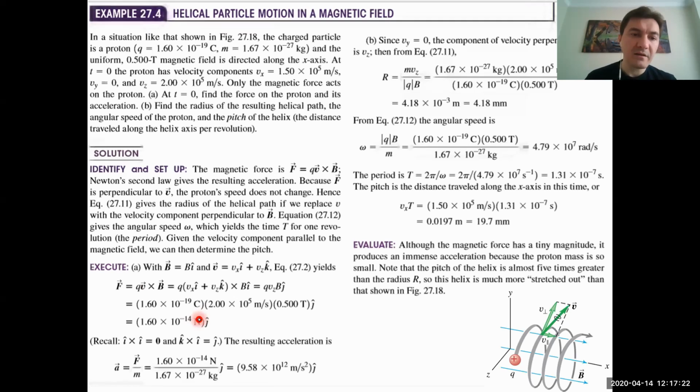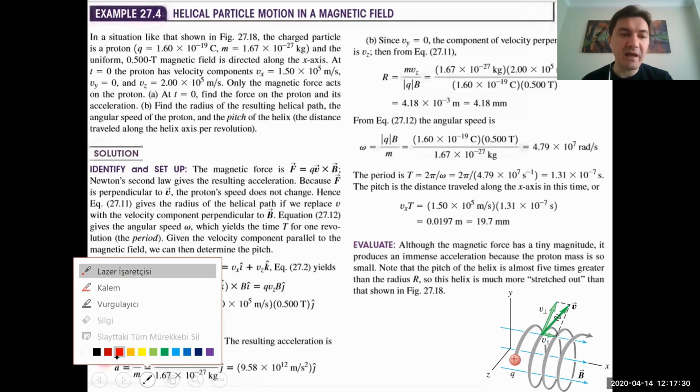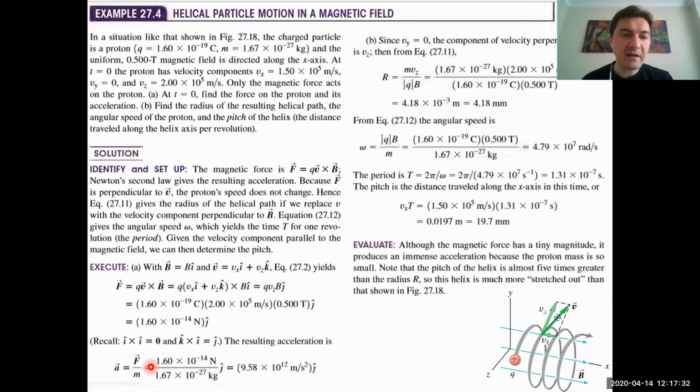So what is another question? It's acceleration. F is equal to m times a, and F is calculated. The mass of the proton is given here. Then acceleration is 9.58 times 10 to the 12 meters per square second.